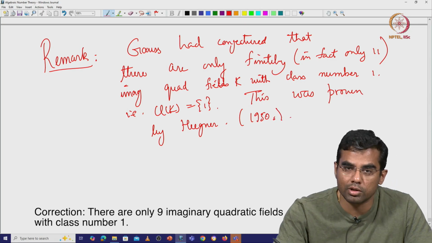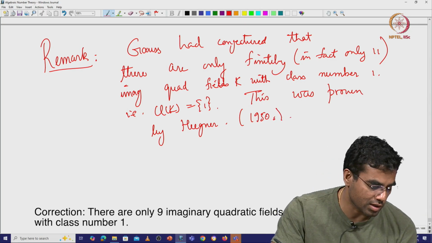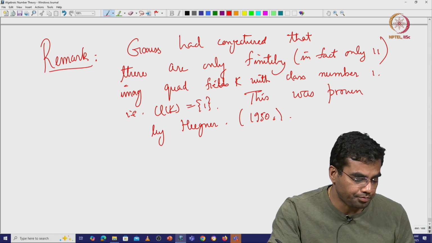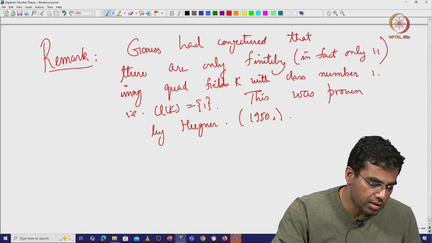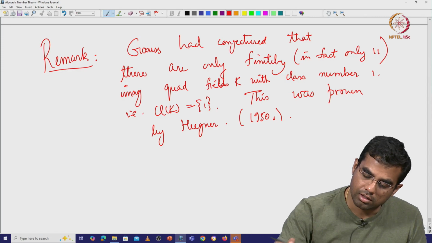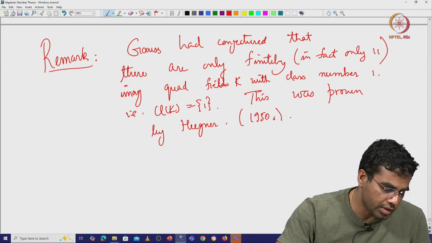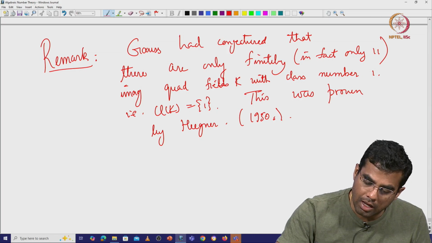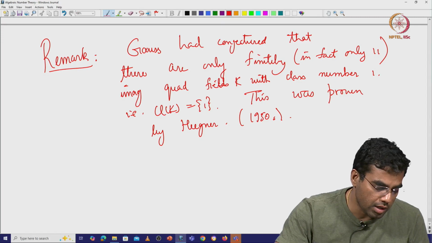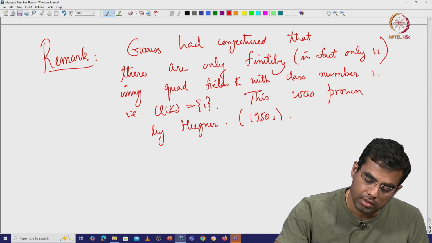So, more than 100 years after Gauss conjectured it. But there are other results due to various people like Heilbronn and Davenport and Alan Baker and Brauer and Siegel, etc.